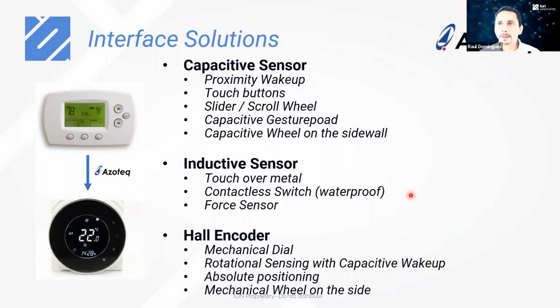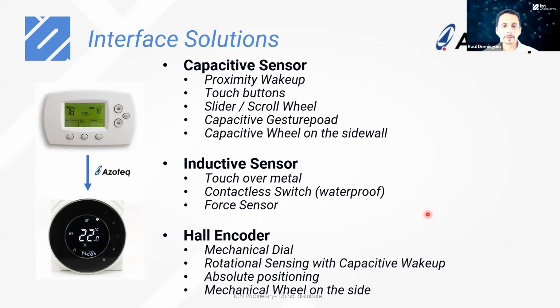With that, you can implement tamper-proof systems, so you can detect if someone is trying to open the device, meaning the full air conditioner or just the control unit, and you can react to it.